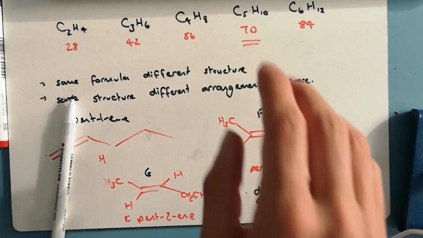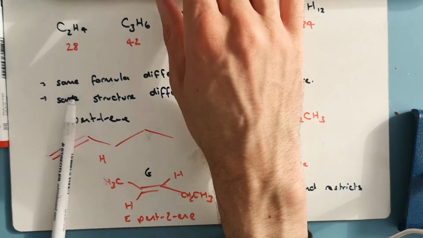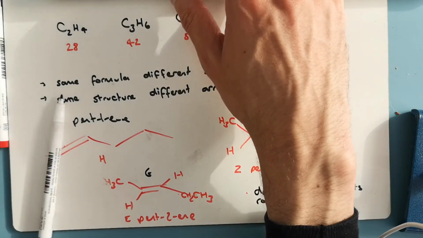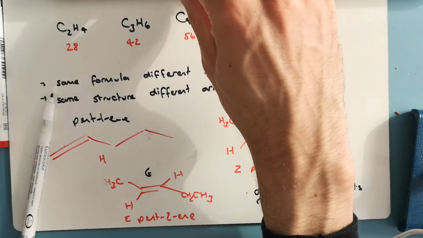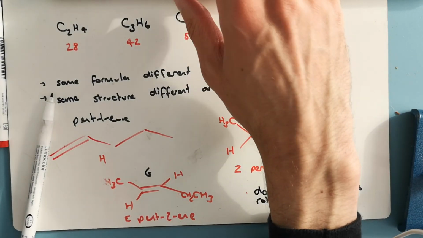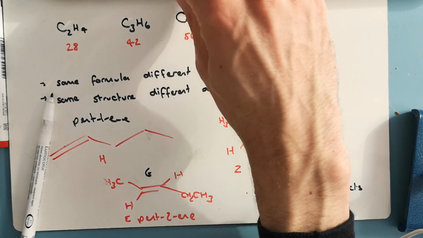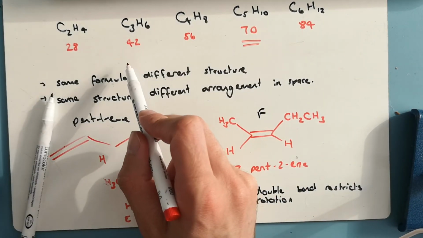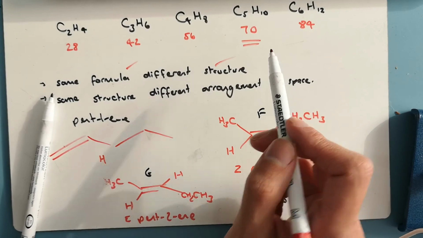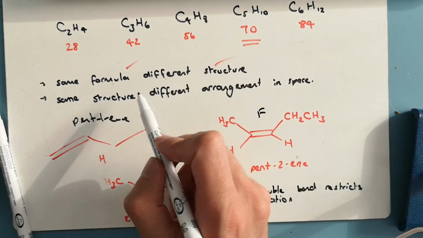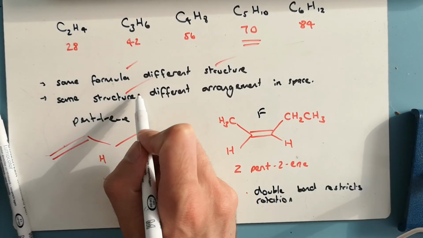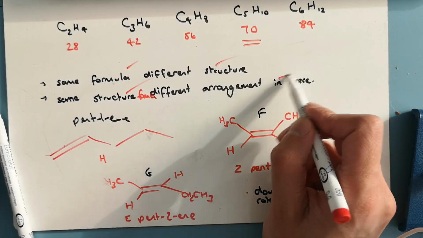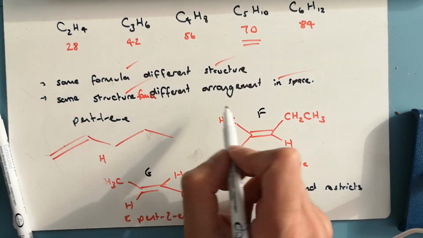And on the mark scheme, you get marks for your, just scroll very quickly, so 2 marks for saying same formula, different structure, so that's 2. Same structural formula, I think it needed in there, different arrangement in space, for 4 marks in total there.